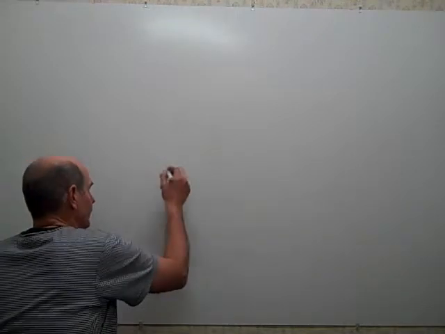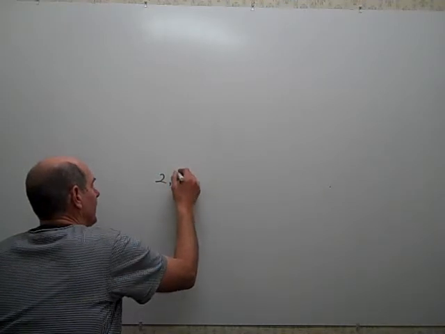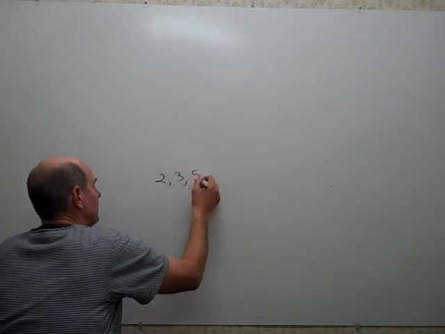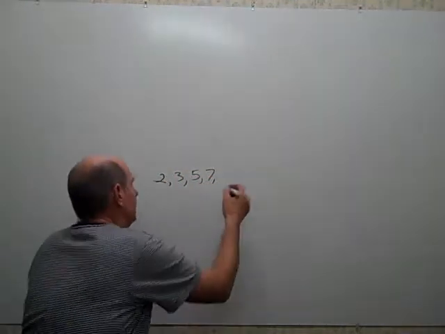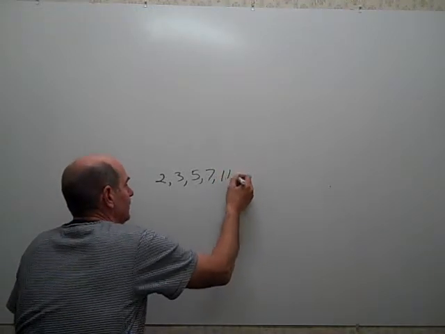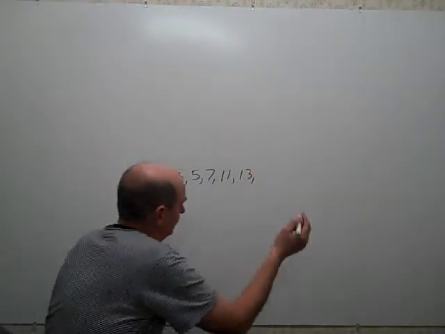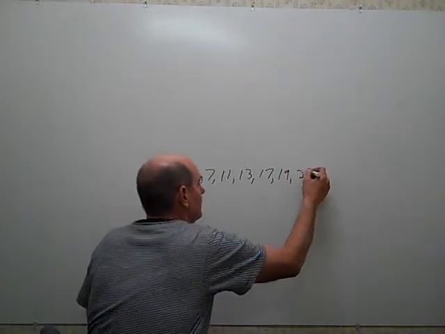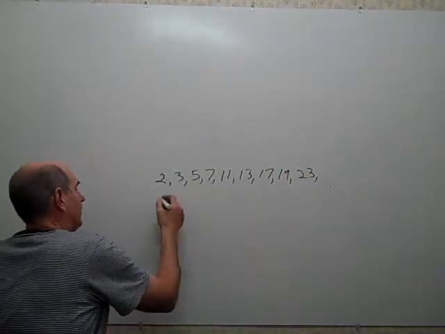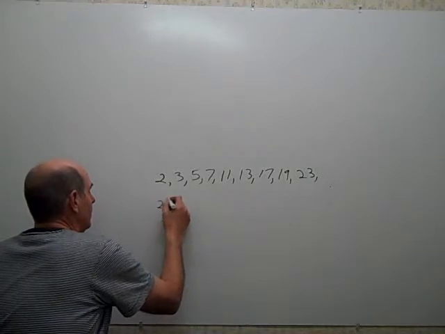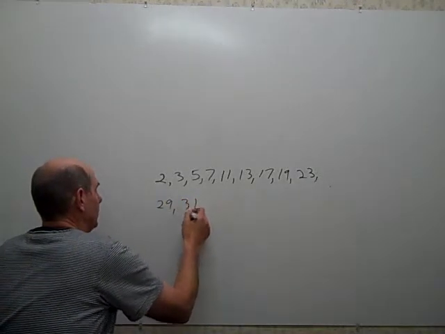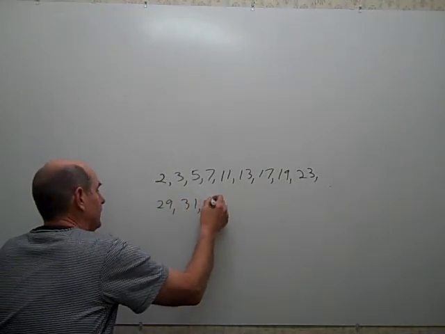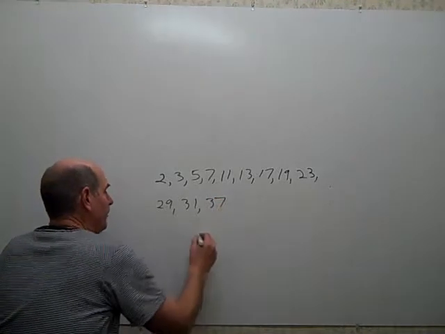Just a quick list of generating some prime numbers. 2 is prime, 3 is prime, 5 is prime, 7 is prime, 9 is not, 10, 11, 13, 17 is prime, 19, 23, and then 29 is the next prime, 31, 37. 39 looks prime.